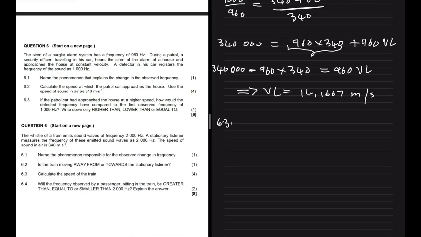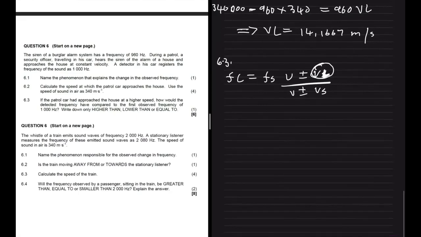FL equals FS times V plus or minus VL, divided by V plus or minus VS. We're saying the car is now approaching at a higher speed, so we're increasing this number here. We're increasing the numerator and keeping the denominator the same, so the overall number will be higher. So in this instance, the frequency will be higher than.